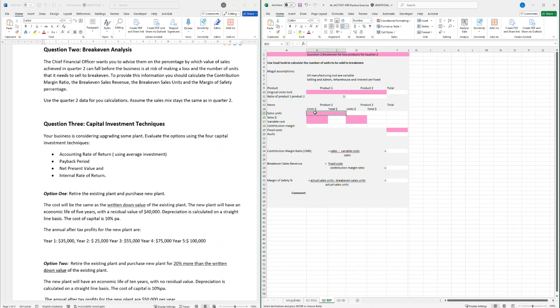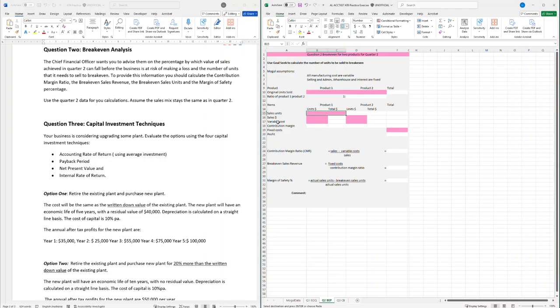So we must make sure that there's no formula in the red cells. So let's get started. The chief executive and the chief financial officer want you to advise them on the percentage by which the value of sales achieved in quarter 2 can fall before the business is at risk of making a loss, and the number of units that can be sold at break-even.